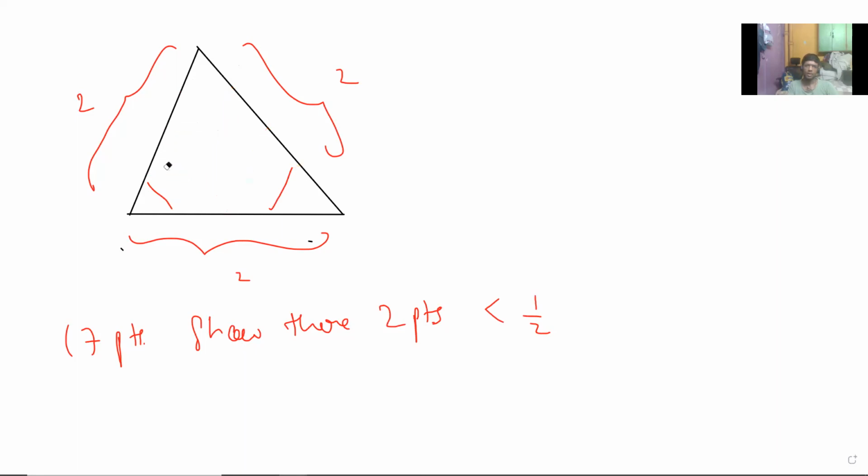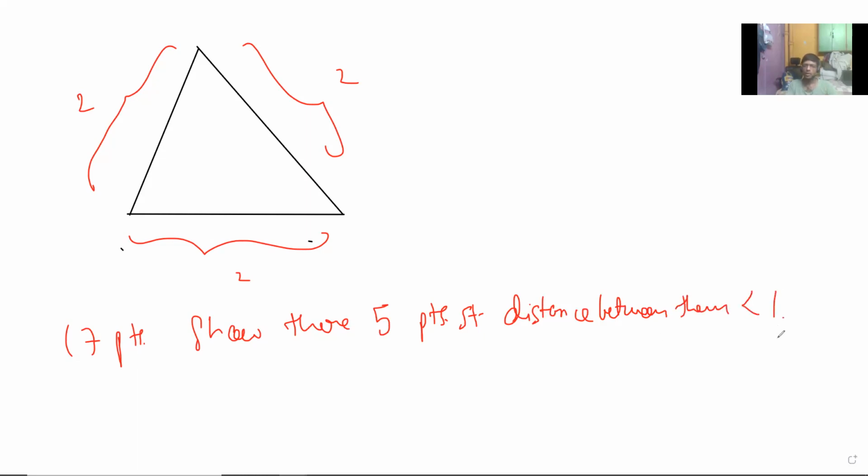But now I want to ask, rather I asked last time, that there are 5 points such that the distance between any two of them is less than 1.